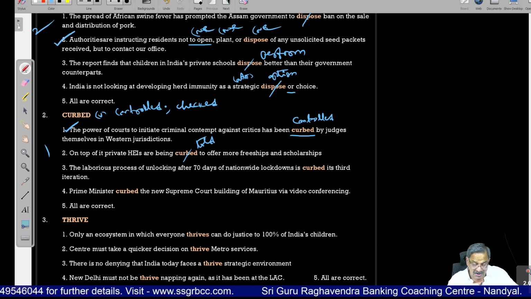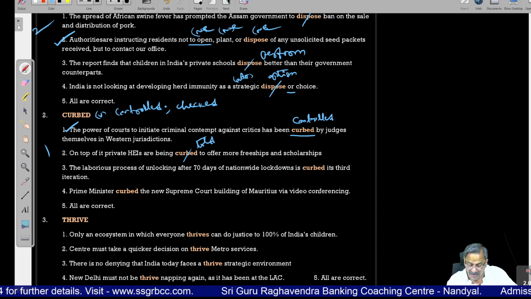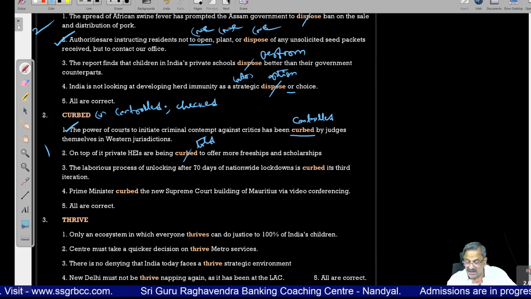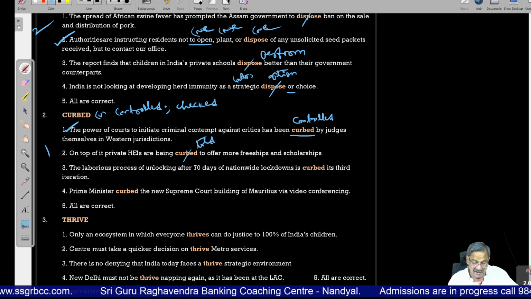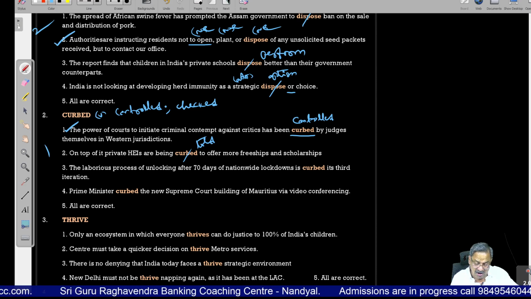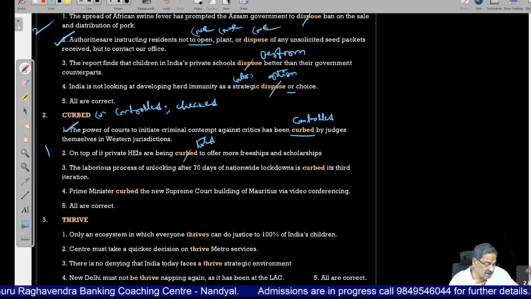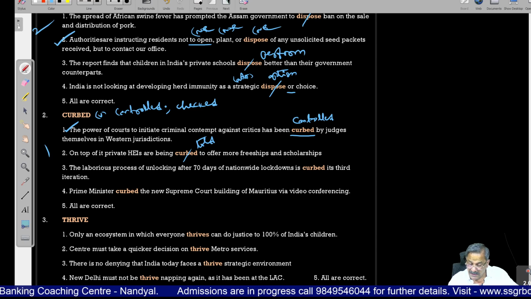The laborious process of unlocking after 70 days of nationwide lockdown is curbed. Is curbed.